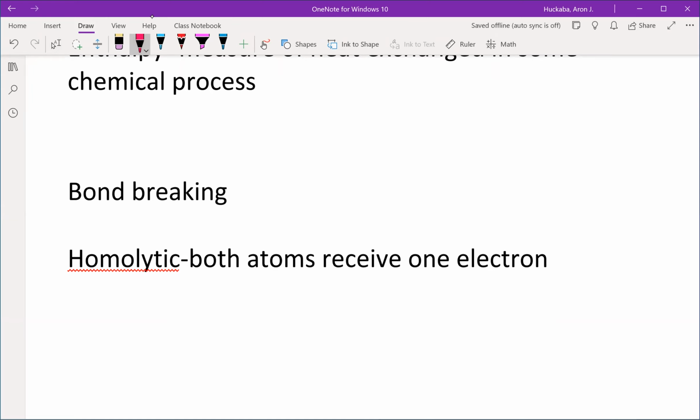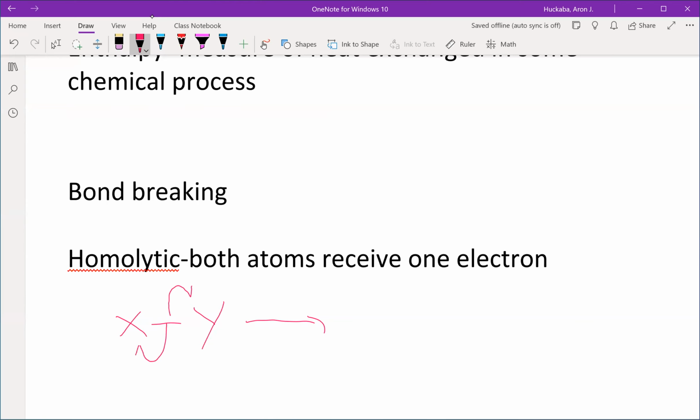So here you have a bond. Let's say it's between this X and Y atom. And in breaking this bond, you have one single barbed arrow going to one atom and the other going to the other atom.